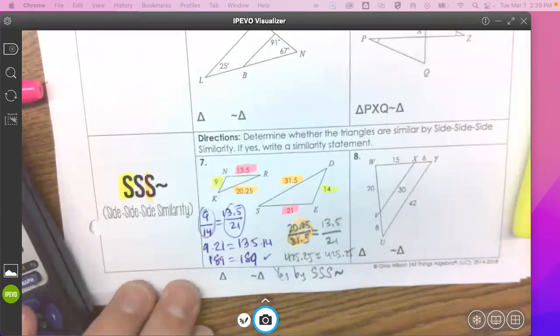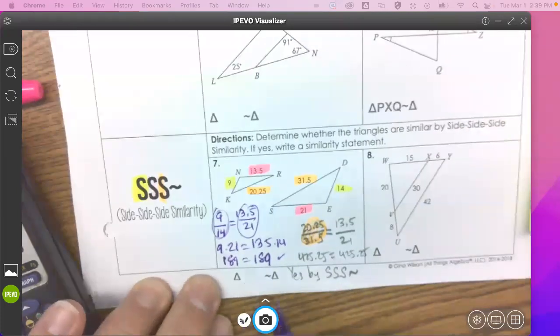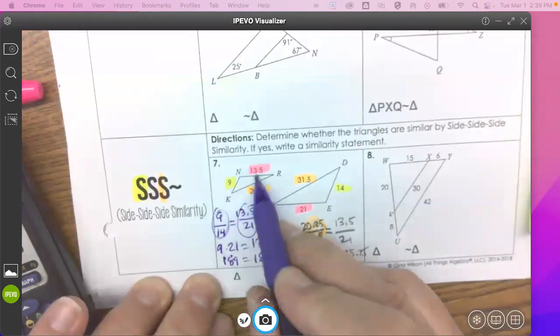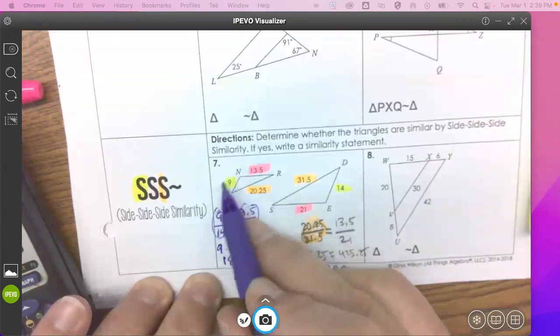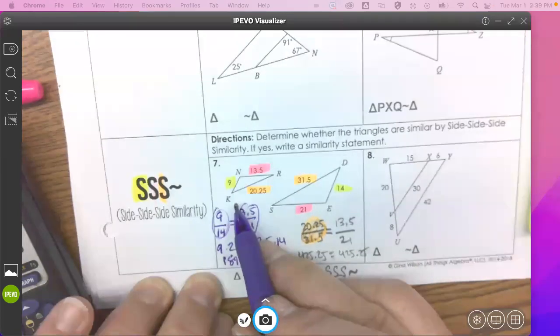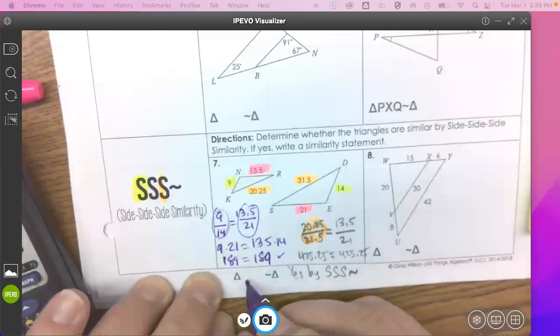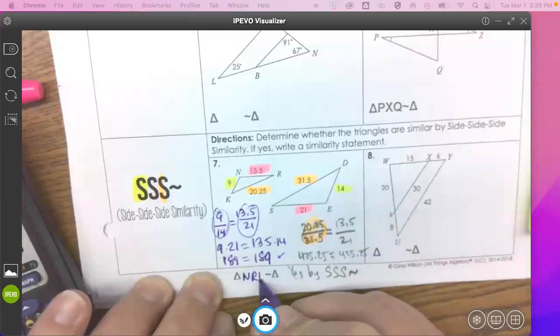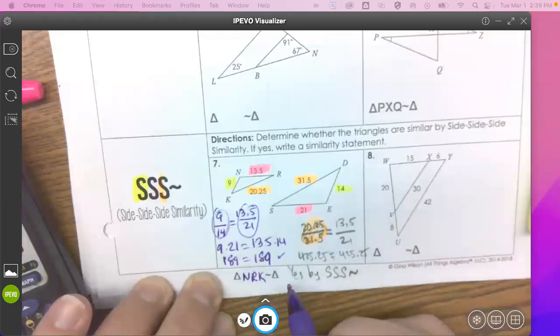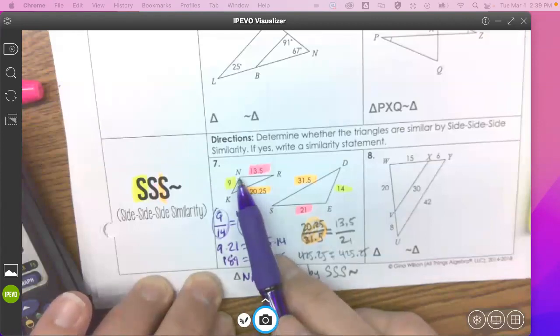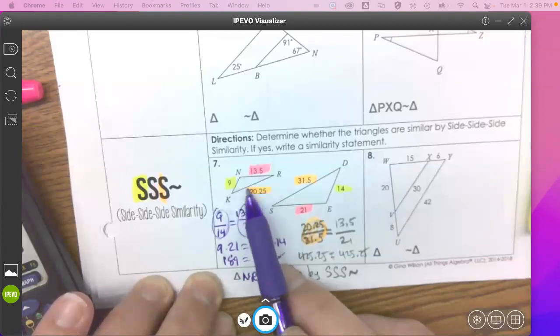Oh, and then let's do our similarity statement. So what should we call this triangle? Does it matter? NRK, sounds good. First one was free, but now it's going to be restricted. How would we describe N in terms of our colored sides?